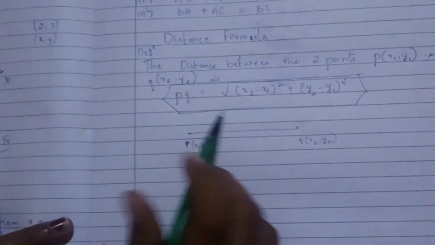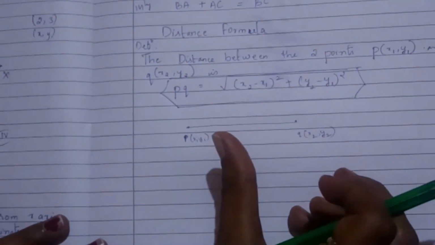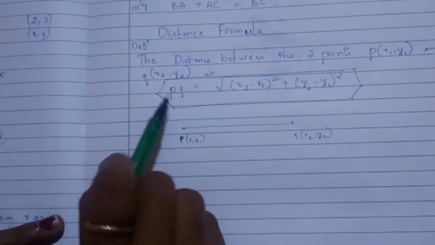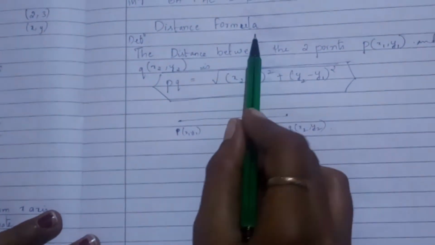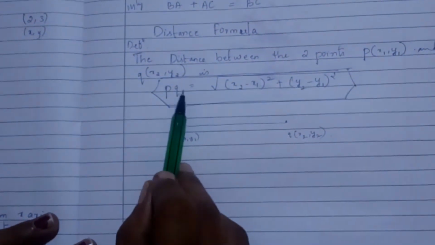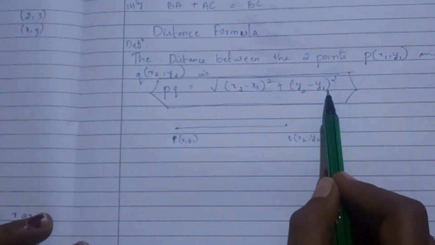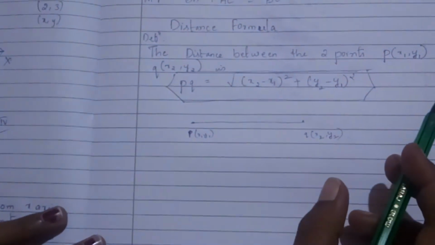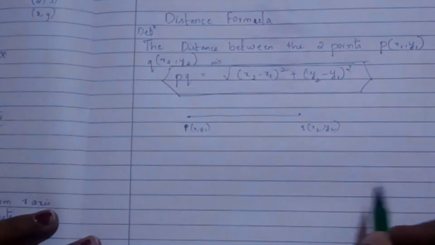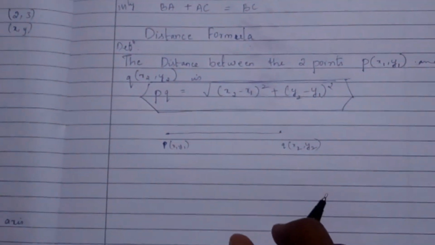To find the distance between any 2 points, we need to use the distance formula, that is PQ equal to square root of (x2 minus x1) whole square plus (y2 minus y1) whole square. It is a very important formula that you have to remember to solve the exercise problems.